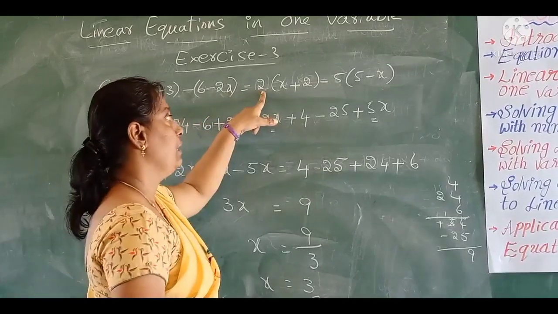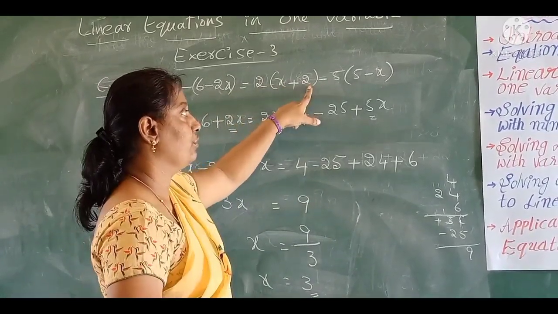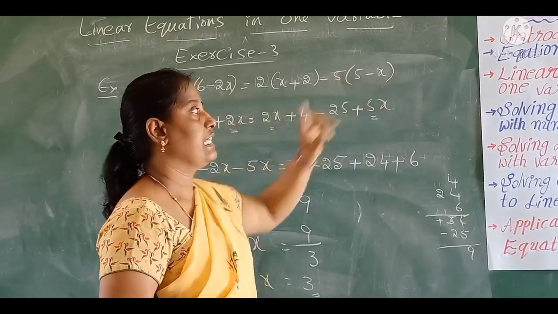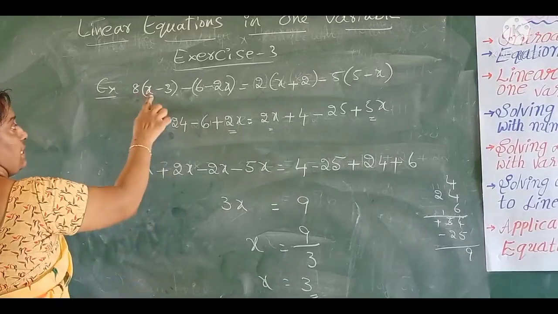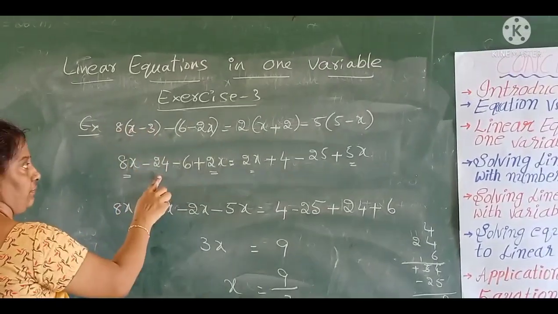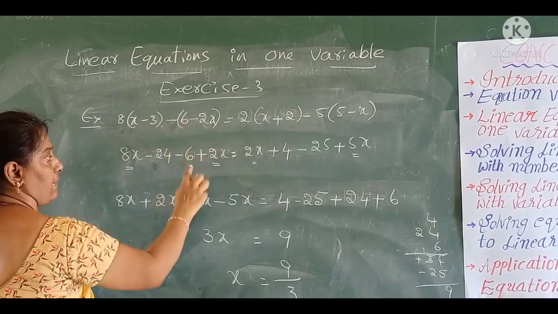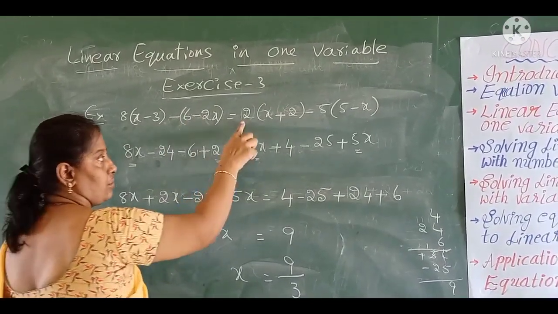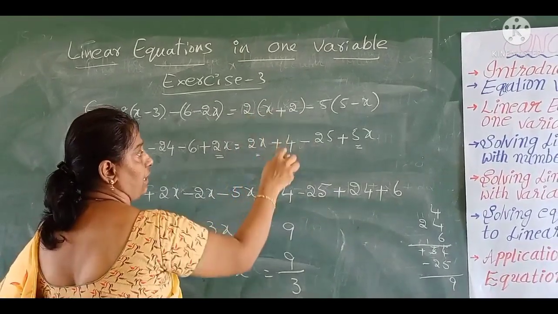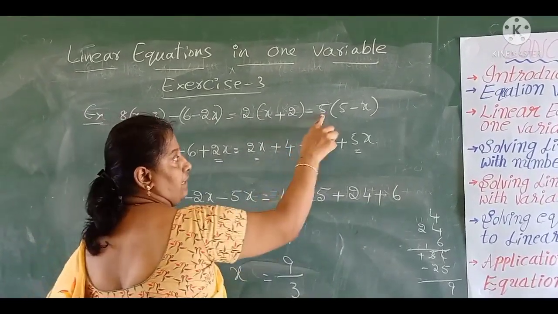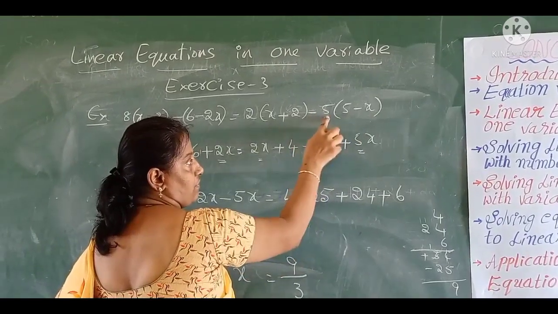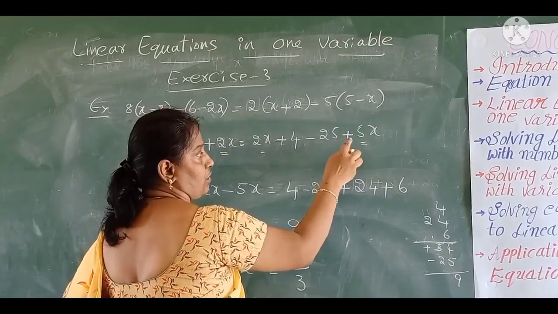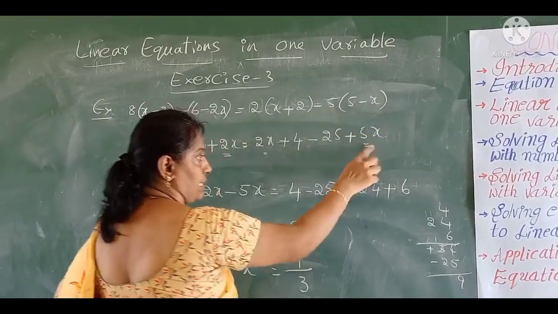We multiply 2 with x plus 2 with minus 5 with 5 minus x. So 8 into x, 8x; 8 threes are 24; minus into 6, minus 6; minus into minus, plus 2x is equal to 2 into x, 2x; 2 twos are 4; minus 5 fives are 25; minus 5 with minus x, minus into minus will become plus, so plus 5 into x, 5x.